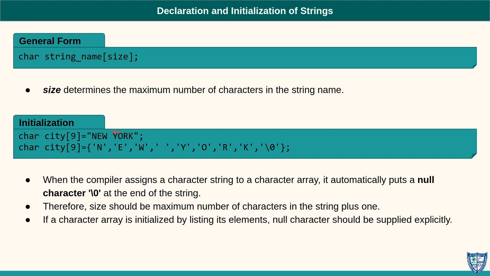So when you want to put a string in a string variable, you will have to put the size as 1 character extra than the maximum letters in the string. So here New York will fit inside this city.